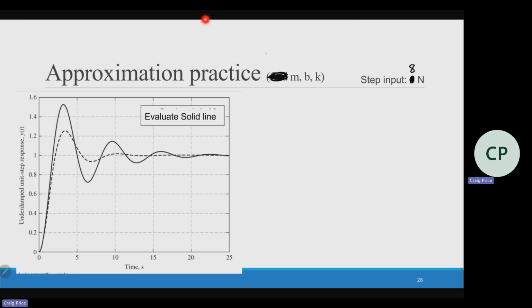We have a standard form for second order equations, which looks like y double dot plus 2 zeta natural frequency y dot plus natural frequency squared y equals some kind of constant times the input.